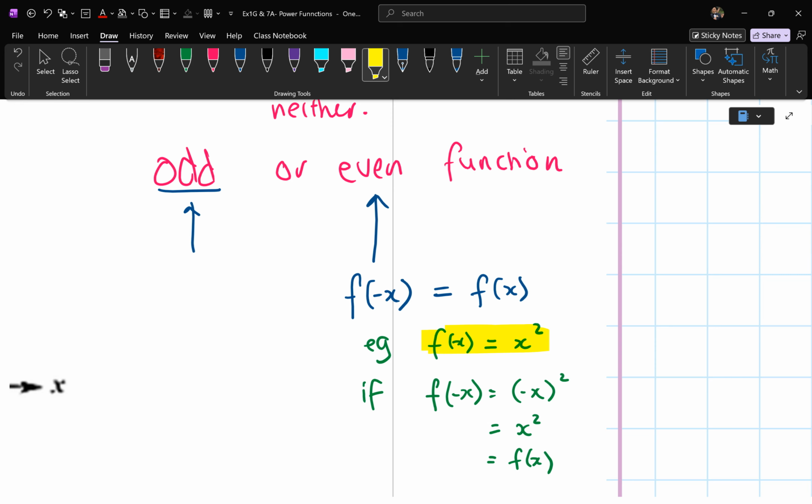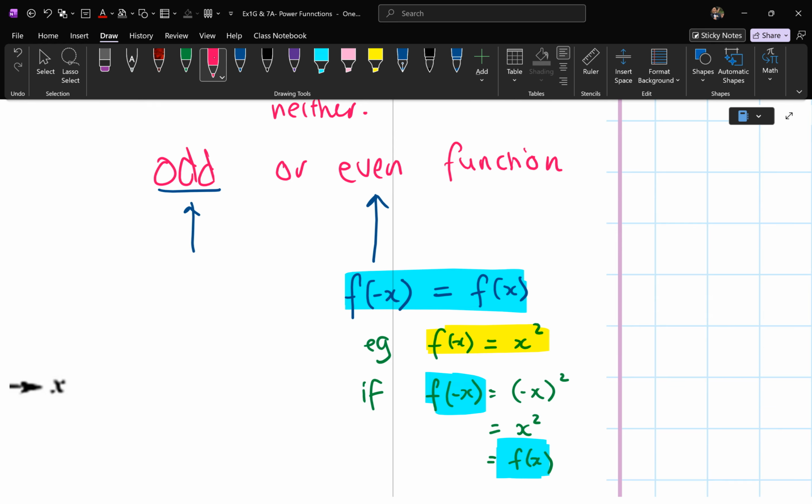See that? So the original function, that's what I defined. If I sub this in, and it turns out to be exactly the same, that fits this definition, f(x) is equal to f(-x), these two here, so I'm going to highlight in blue. This equals that, which is this definition here, we call that even.